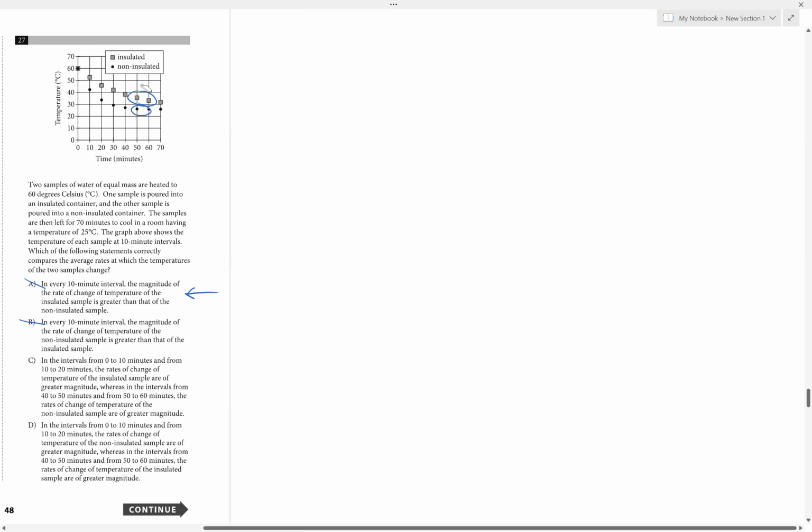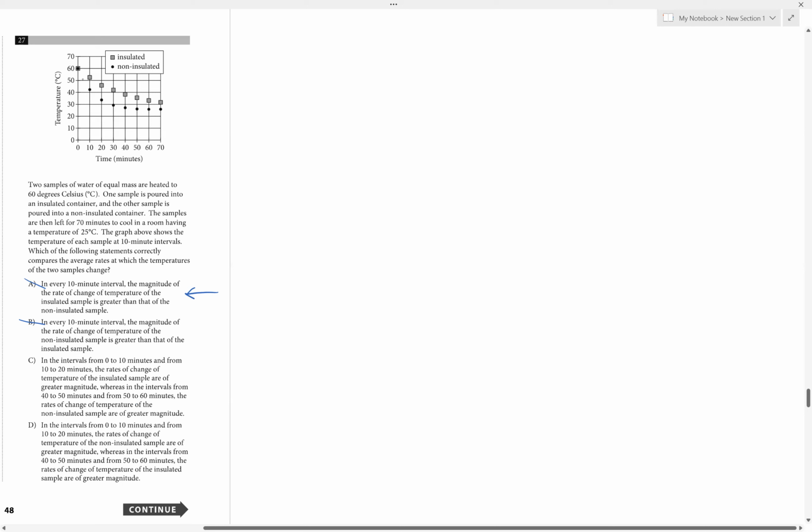Okay, yep. So C says in the intervals from 0 to 10 minutes and from 10 to 20 minutes, the rate of change of temperature of the insulated sample is greater in magnitude, whereas in the intervals from 40 to 50 and from 50 to 60, the change of the non-insulated is greater. Well, is that a true statement?